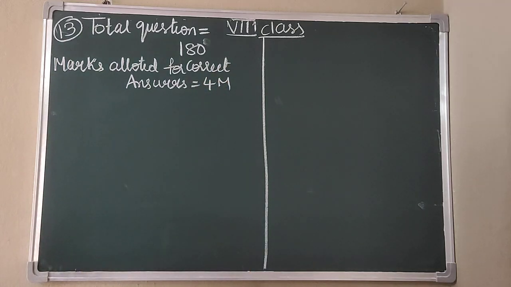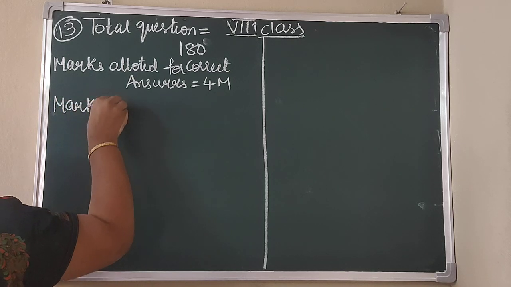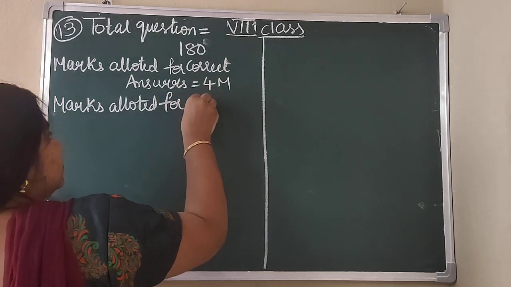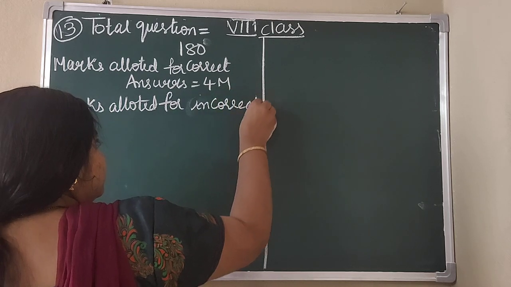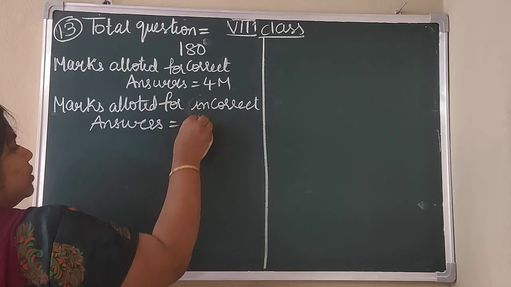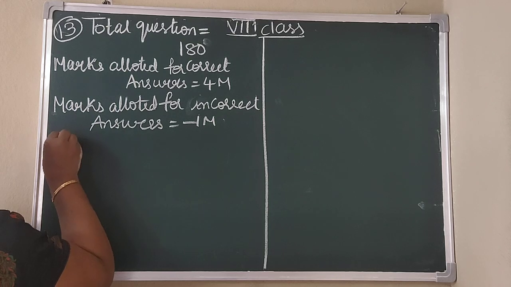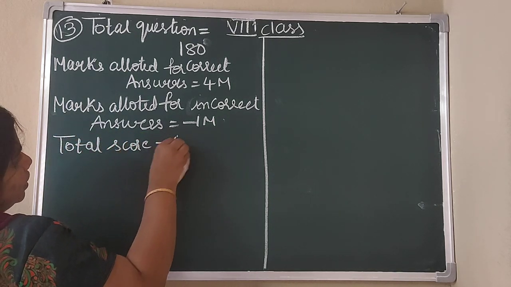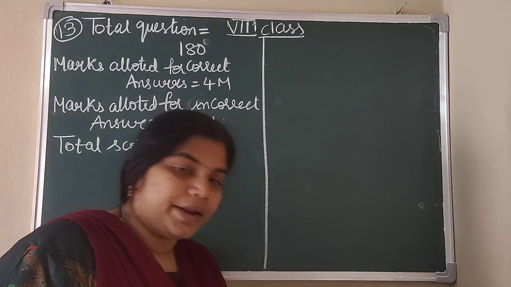And marks allotted for incorrect or not attempted is -1. And the total score is 450. Now how many correct answers he wrote and how many incorrect answers he wrote, we have to find.